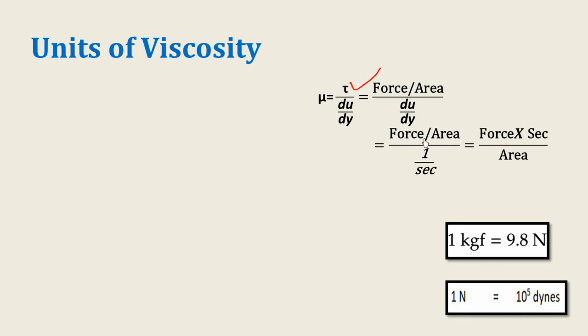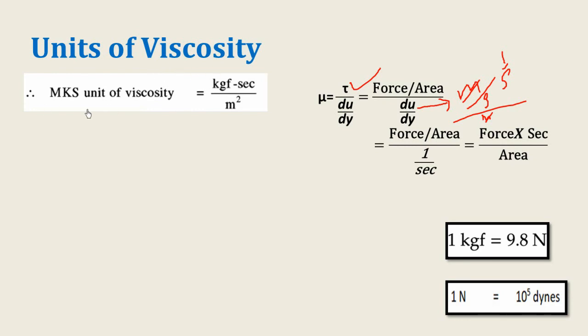So you can write force by area by 1 by second. When you substitute the units, du is meter per second and dy is meter, so the meter gets cancelled and we come up with 1 by second. So we replace it here, and then we write force by area into second, taking the second to the upward direction.